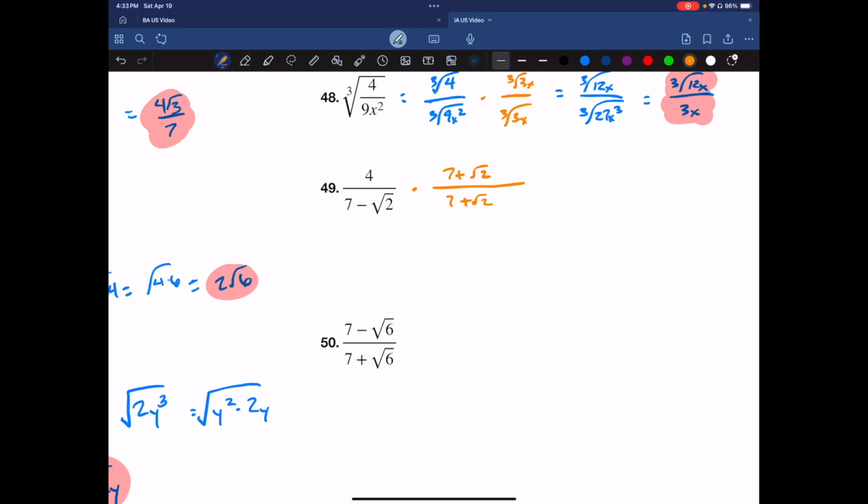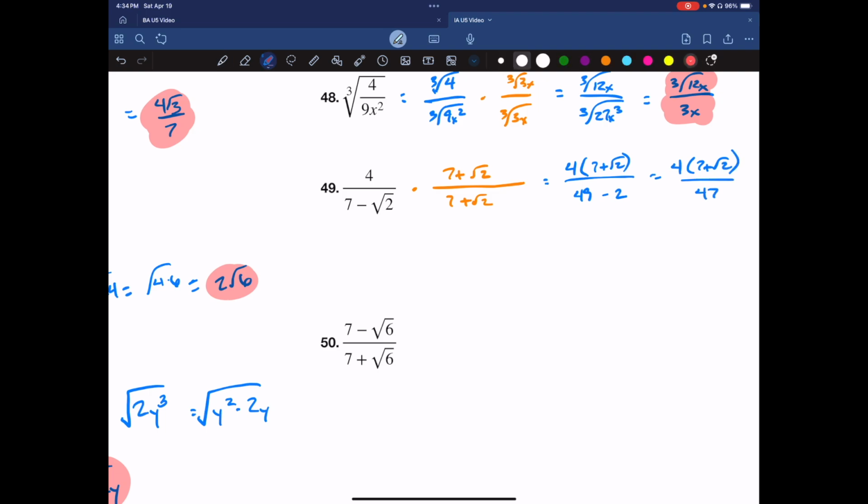So whenever you're multiplying like this, it is going to allow you to get rid of any middle terms, and it will force all your radicals to fall out, which is what I want to happen. So this is going to be 4, and I'm going to just leave this on the outside, 7 square root of 2 over 49. Again, the middle term's going to go away, so you're essentially squaring your first term and squaring your last term. So that's going to be minus 2. So it's going to be 4 times 7 plus square root of 2 over 47.